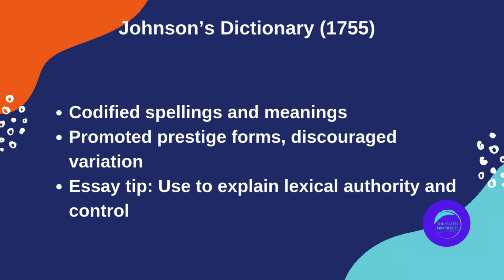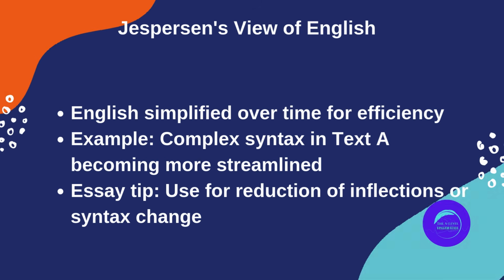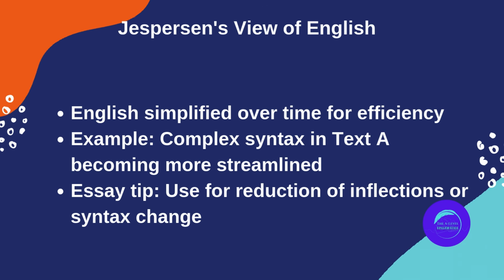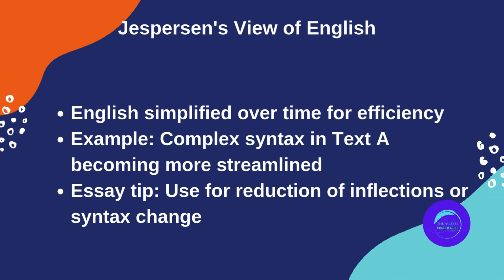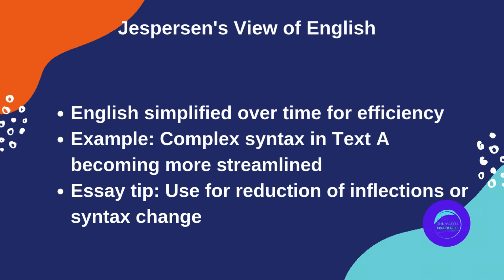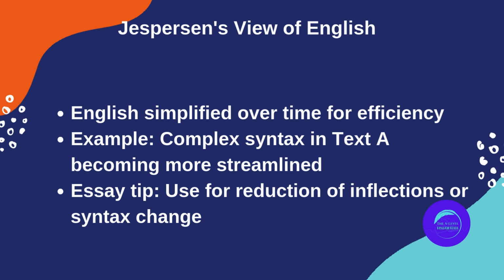Otto Jespersen believed English grammar had simplified over time to make communication more efficient. He celebrated this simplification as a natural development. In text A, long and complex sentence structures begin to break down into simpler forms. This reduction of grammatical complexity aligns with Jespersen's view that language evolves toward usability.